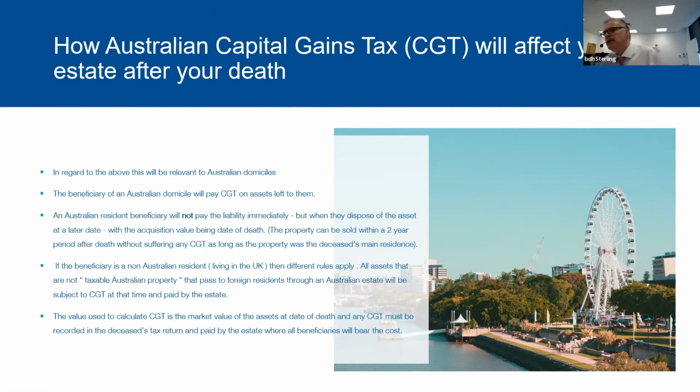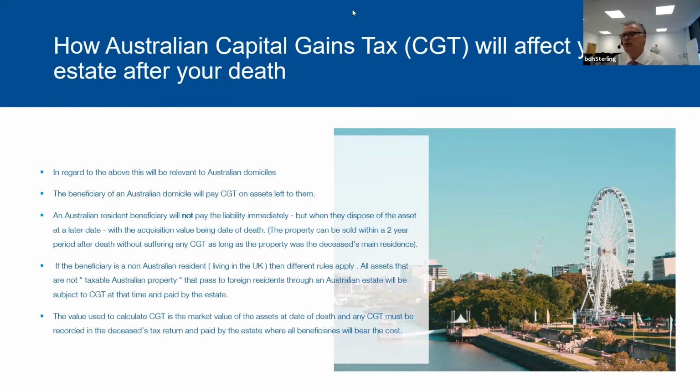No IHT in Australia, but for Australian domiciles or people who are beneficiaries of an Australian domiciled estate, there is potential capital gains tax that will affect the estate. An Australian resident beneficiary will not pay any capital gains tax on the asset they're left immediately, but when they dispose of it.